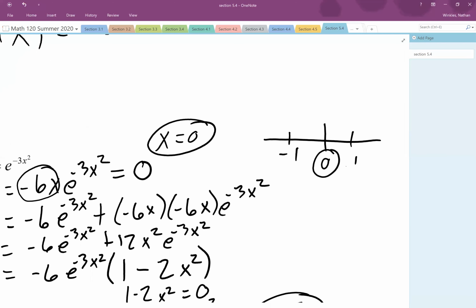Since e is never 0, it's always a value. So we have minus 6 times minus 1 e to the minus 3 times 1 negative 1 squared. That gives us 6e to the minus third. We pull up our calculator.